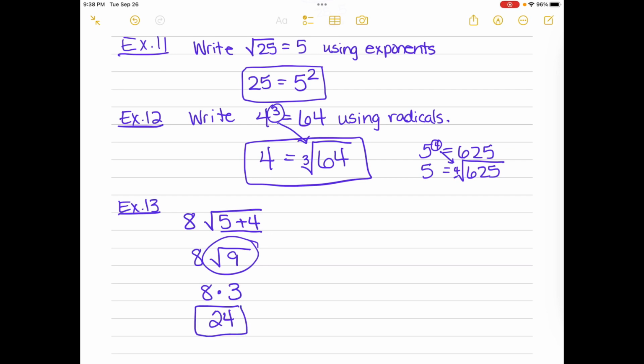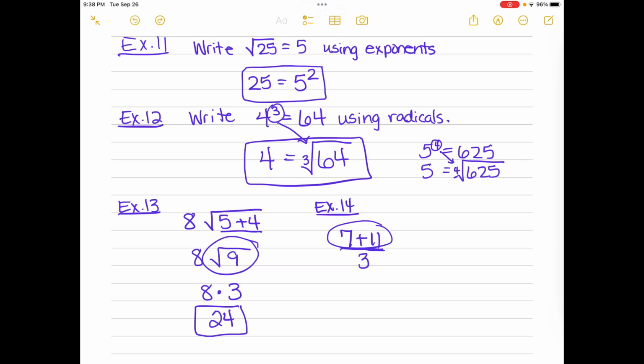Okay, example 14. Example 14 and 15 are not radicals. I think they just threw these in here to say, hey, you need to know how to do these kind of problems. So we have 7 plus 11 divided by 3. On order of operations, division comes before addition. But on this one, when you have everything on top of a division bar, or even if it was on the bottom, you need to do those parts first.